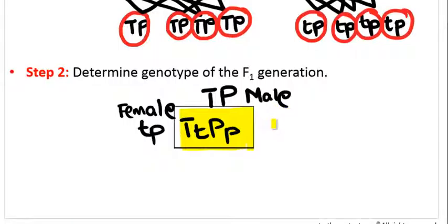So all F1 plants, all plants of the first filial generation, will have the same genotypic combination of alleles, which will look something like this. Now, one thing I also want to mention is that it's standard practice to keep allelic pairs together when you are describing genotypes in this manner.